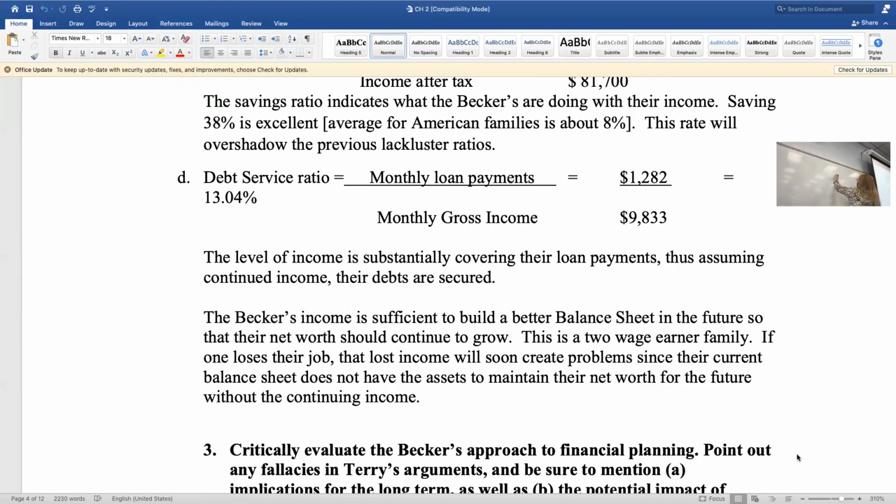This is monthly, of course. The mortgage payment per month is $919, and then the credit card loan payment is $184, and then the auto loan is $179, and so that comes up to the $1,282.